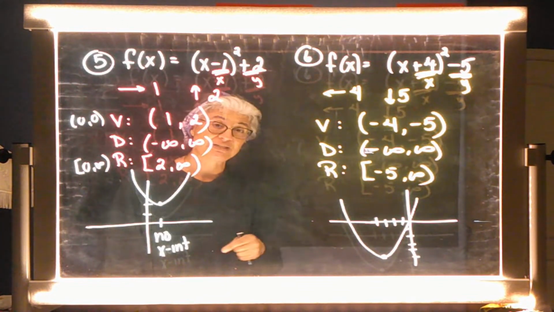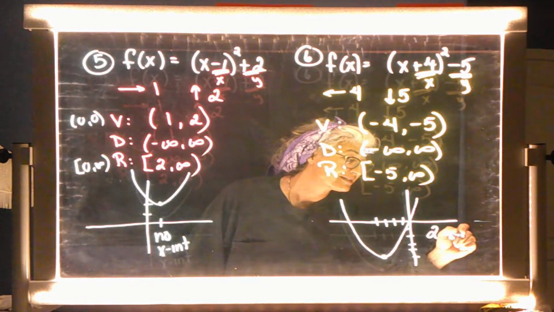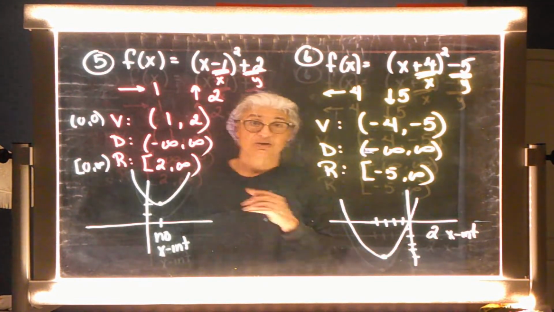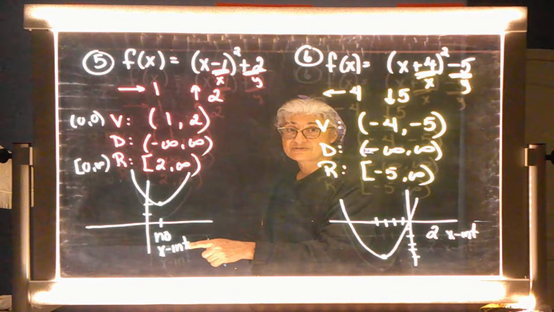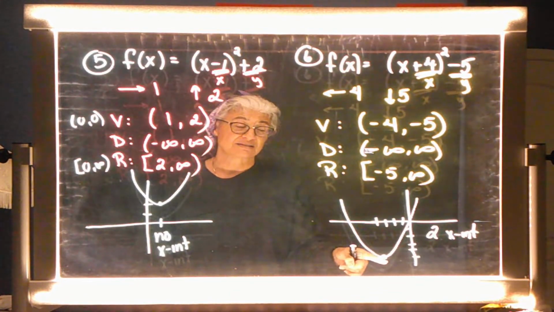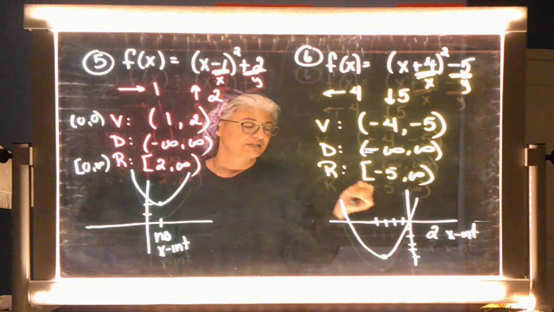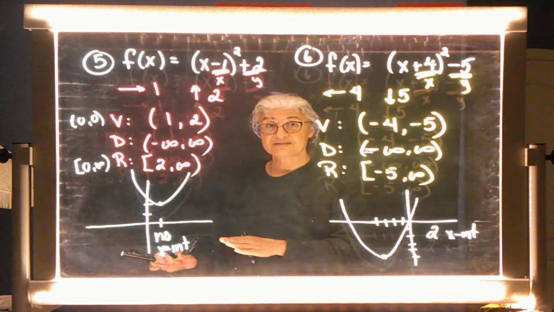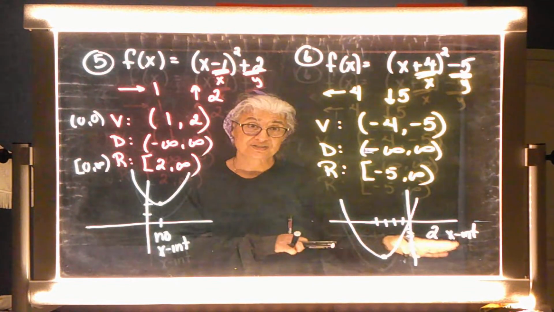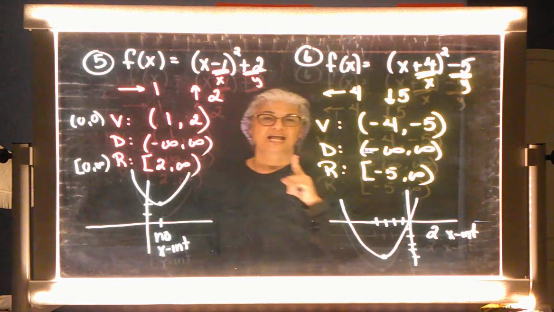Yeah, it does. How many times? 2. This one's going to have 2 x-intercepts, whereas this one over here has no x-intercepts. So based upon where the vertex is and which direction it's going, in this case up, you're either going to have x-intercepts, or not have x-intercepts. Are you with me?